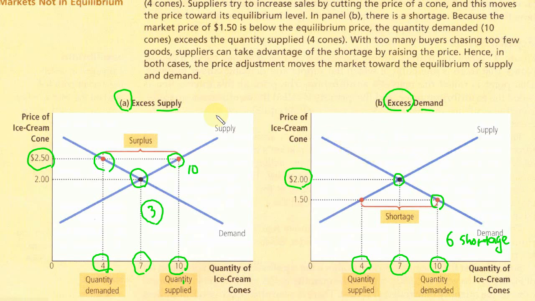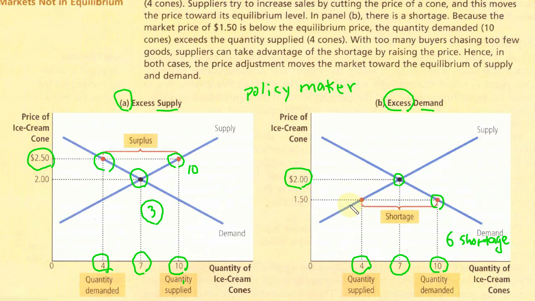Okay, so the policymaker detects this by surveying the demand and supply in the market.